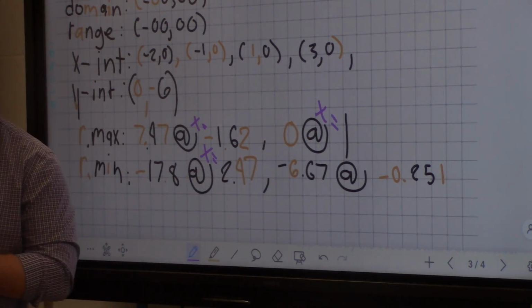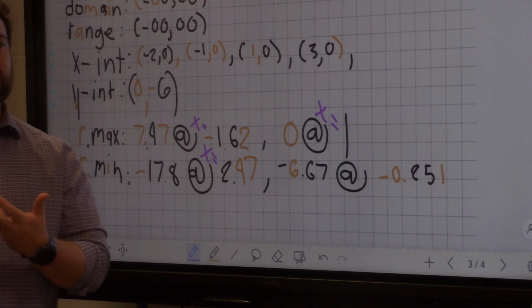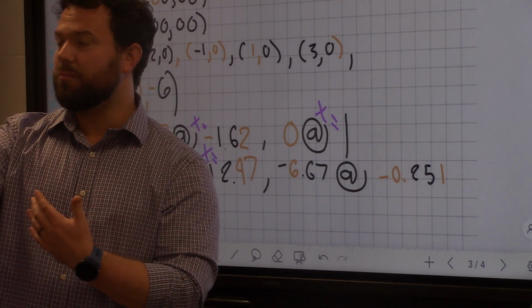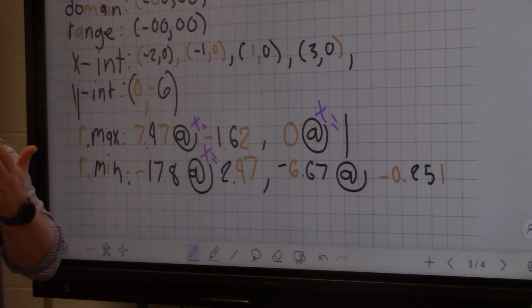So keep in mind, will I accept those points as my relative max and min? Yes. Now you still need to give evidence for it. Max and min are very clear, very easy with the evidence. If you go back to the definition, how do we know when there's a relative maximum?